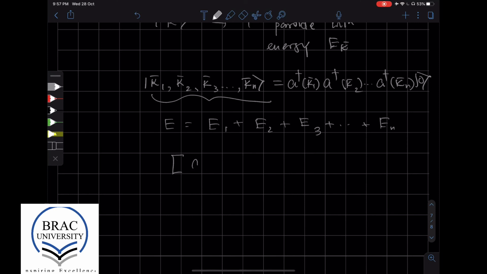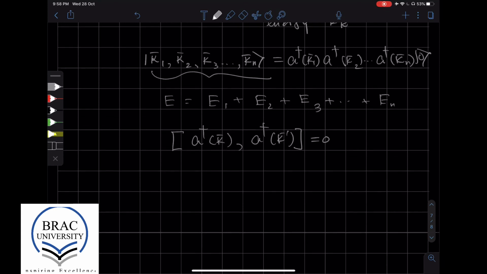We had to impose the condition that the commutator of a dagger with a dagger is 0. You might think that this is not a very important commutation relationship, but it is.